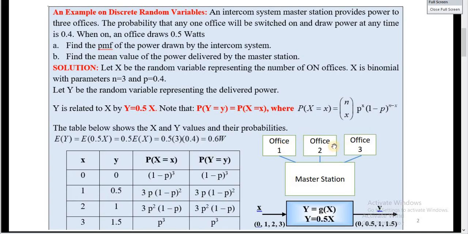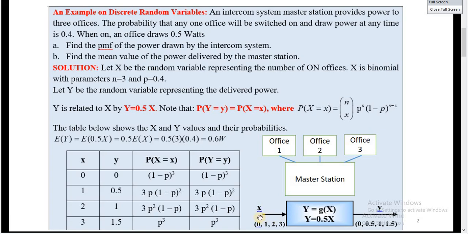If x is 2, then 3 choose 2, p squared, 1 minus p. 3p squared, 1 minus p. This is for x equal to 2. Finally, when x is 3, we have 3 choose 3, p cubed, 1 minus p to the power 0, and this is the probability mass function of x.